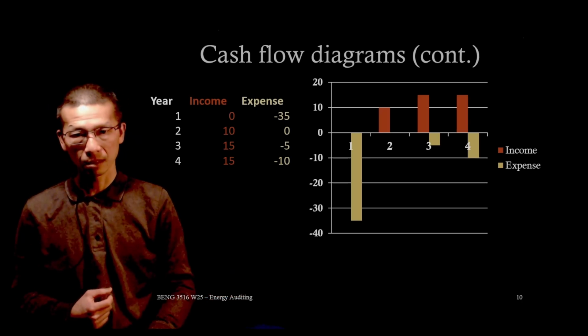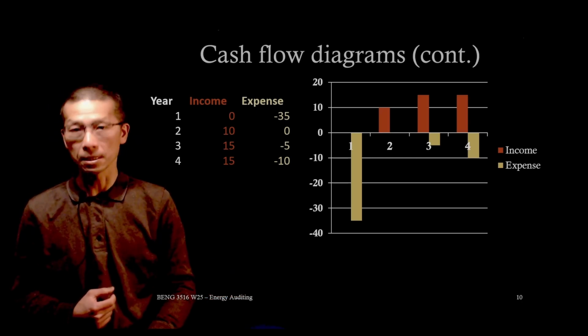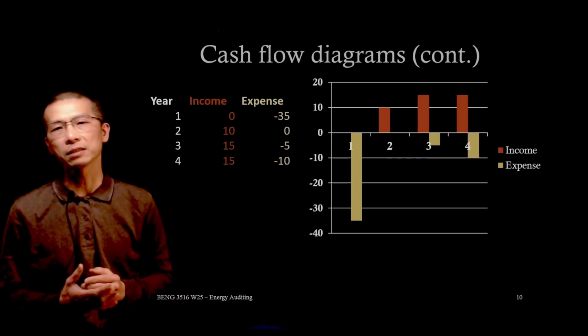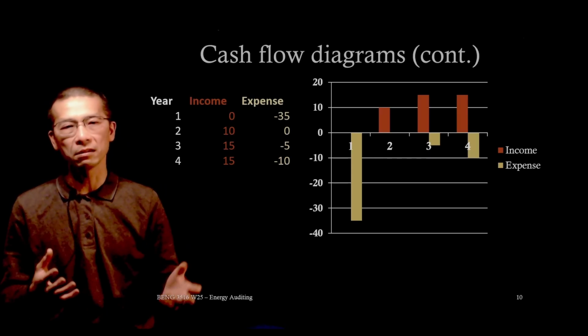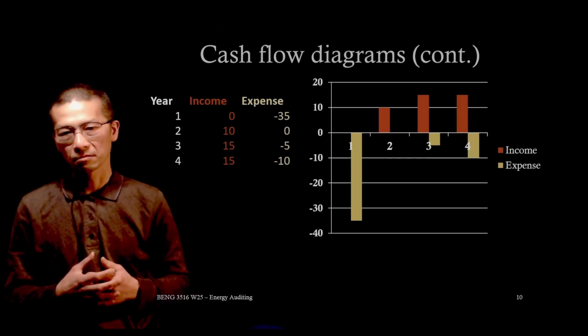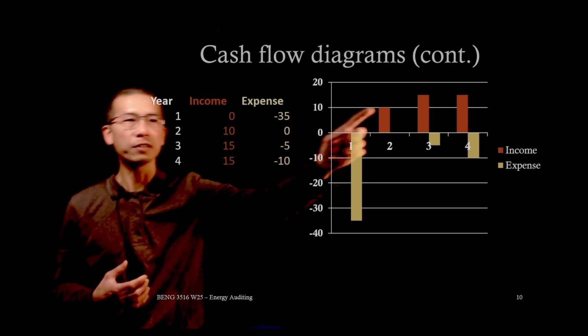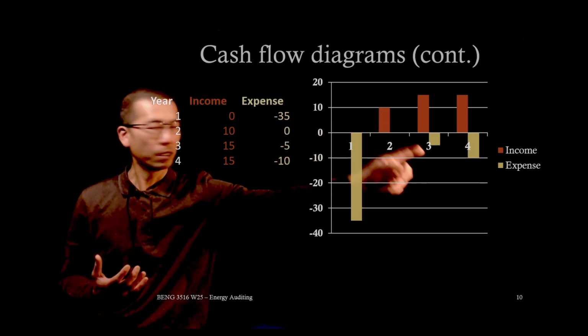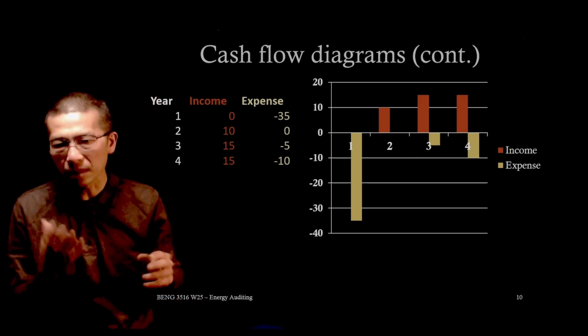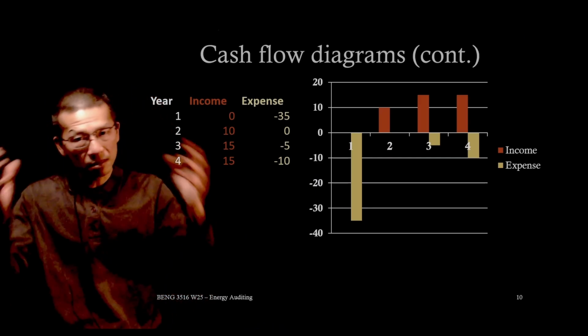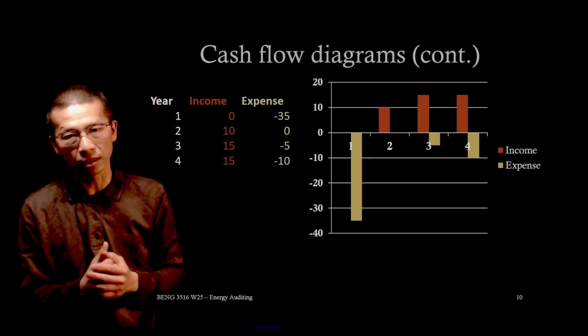Okay. Year number 3, performance improvement with maybe minor cost. And let's say the income is 15. You can see income 15, the red bar, that's 15. The yellow bar, there's some expense, right? But the net gain is still 10 units.